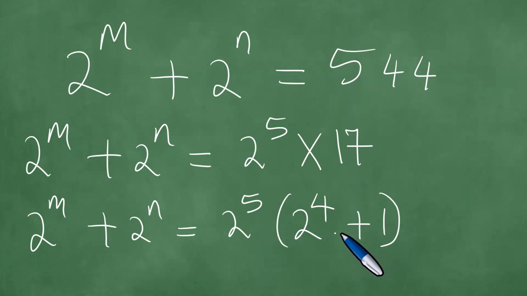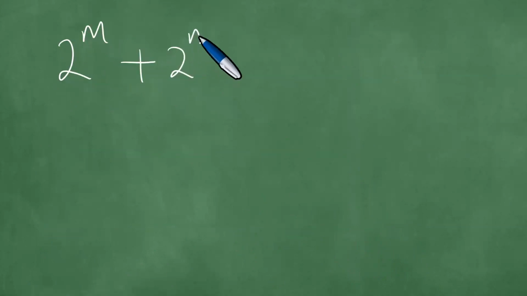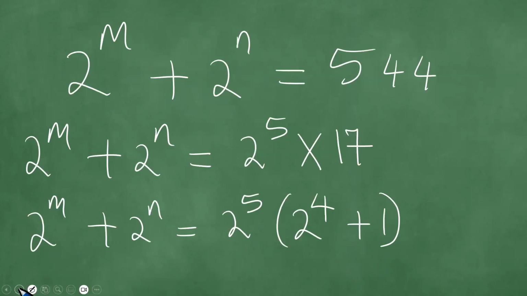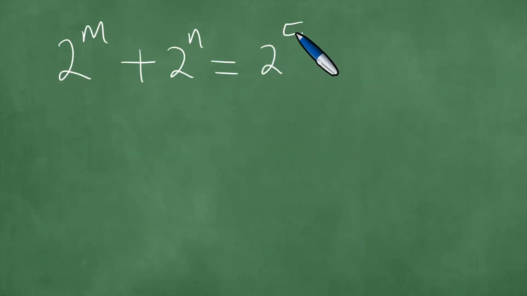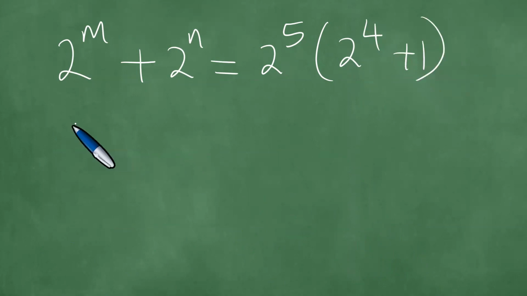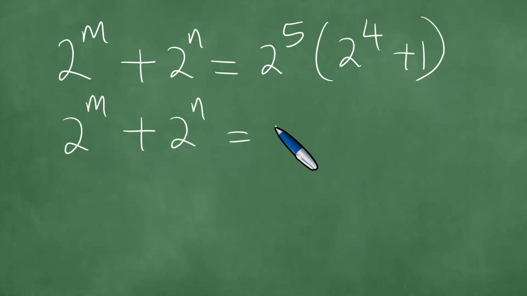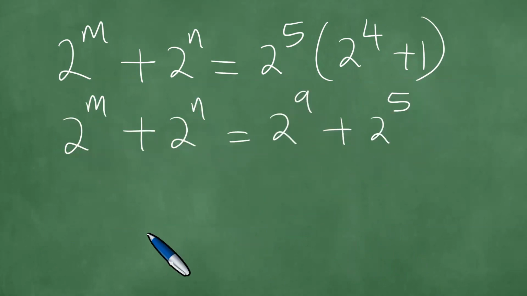We use that property to say 2 to the power m plus 2 to the power n equals exactly 2 to the power 5 into 2 to the power 4 plus 1. This is 2 to the power 9 plus 2 to the 5th power. Now, let's continue.